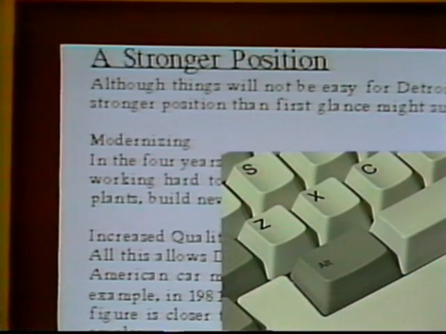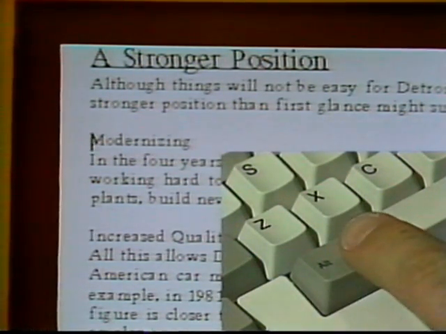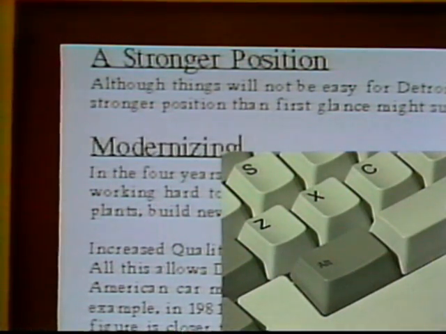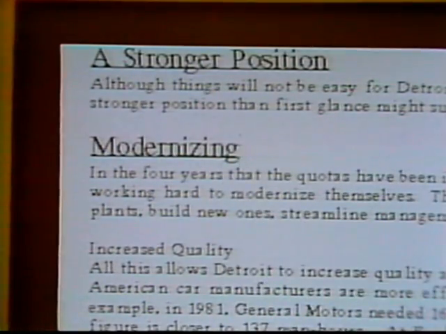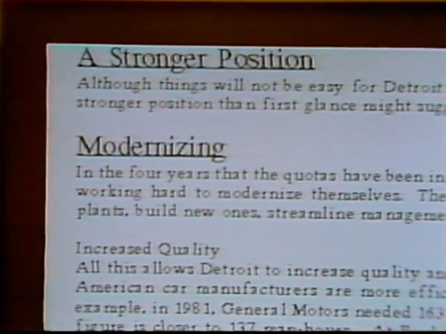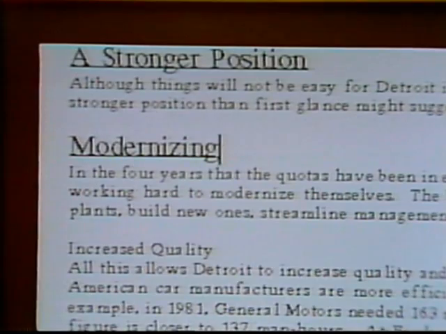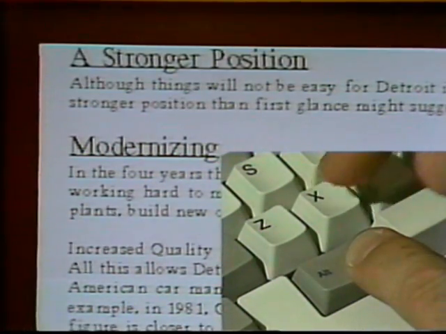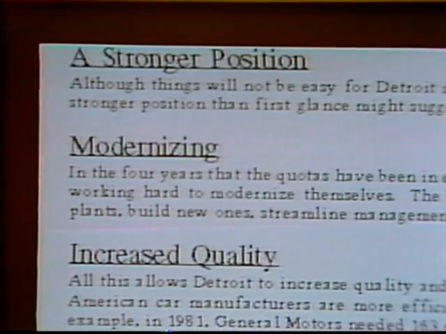Hold down Alt and press X. And the macro is performed automatically. This subhead now has the same formatting as the one above. Let's move the cursor down to the next line and do the same thing. Hold down Alt and press X. The macro is performed again, and we can use this macro now anywhere in any document.